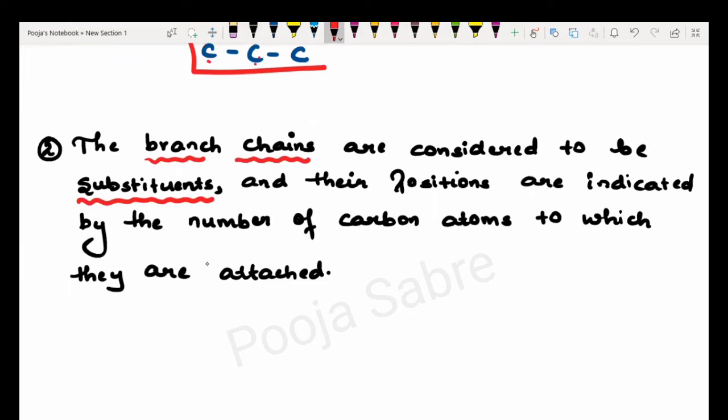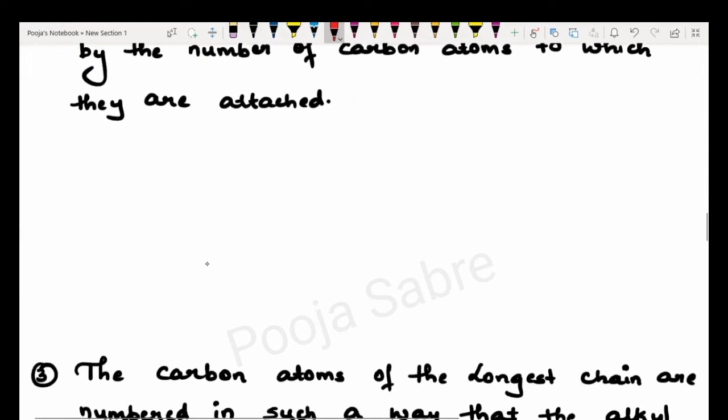The second rule also says that the position should be indicated by numbering the carbon atoms to which they are attached. I repeat, the position of the substituents is indicated by the number of the carbon atoms to which they are attached. Let me take one example.